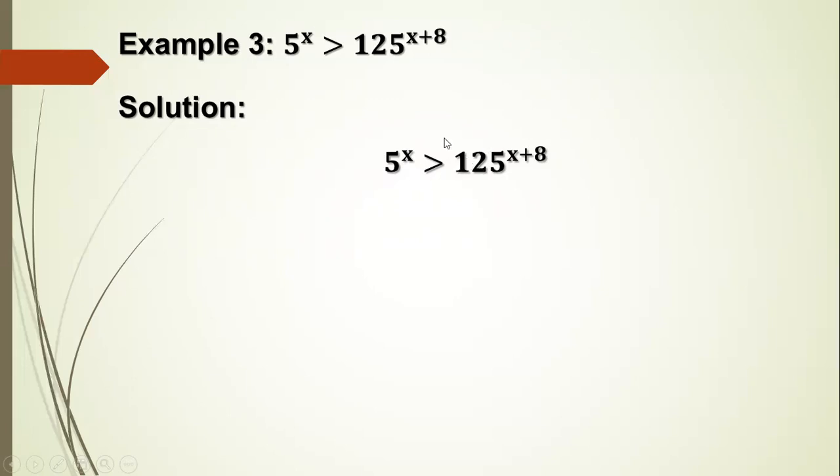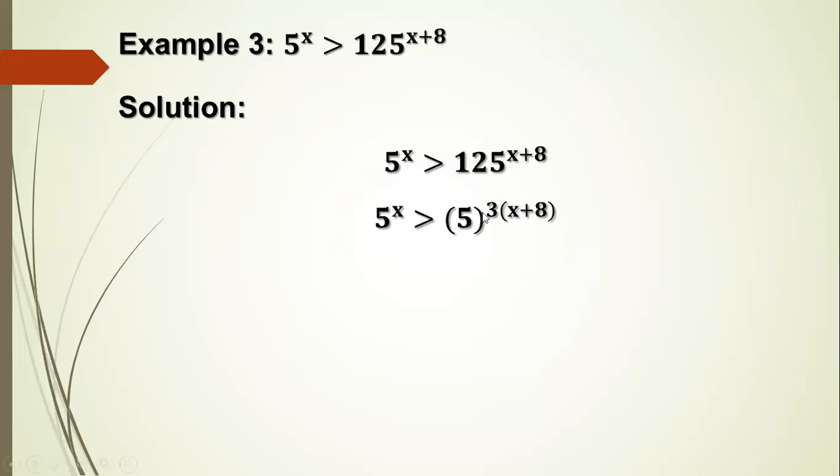So we can express both bases as 5. This one is 5 raised to 1, and 125 we can express as 5 cubed. So we have 5 raised to x is greater than 5 raised to 3 multiplied by x plus 8.